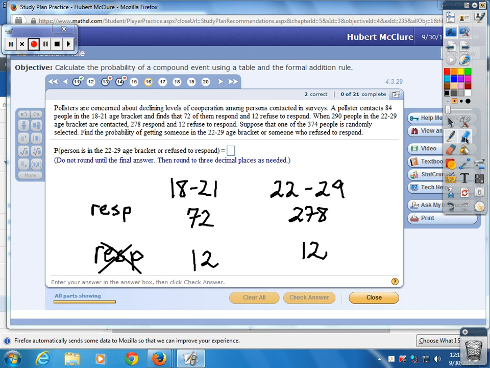They want to know what is the probability of someone in the 22 to 29 age bracket, or refuse to respond. So it doesn't mean just people who refuse to respond in the 22 to 29 group.